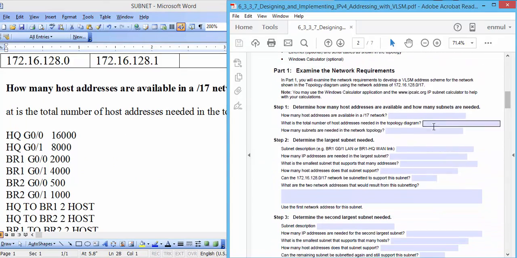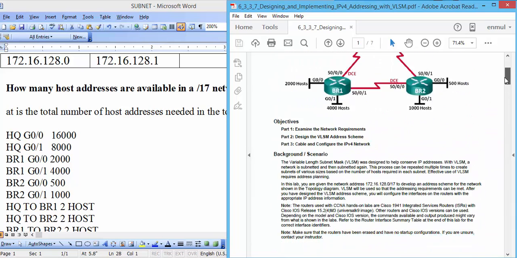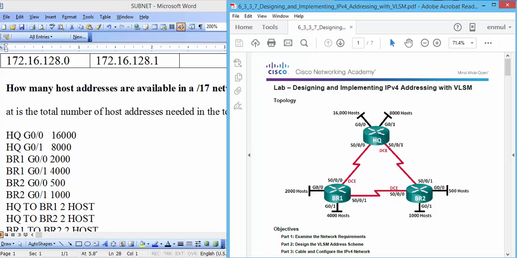So we have the HQ router with the Gigabit 0/0 interface at 16,000, and Gigabit 0/1 at 8,000. Then Branch 1, Gigabit 0/0 has 2,000, and Gigabit 0/1 has 4,000.